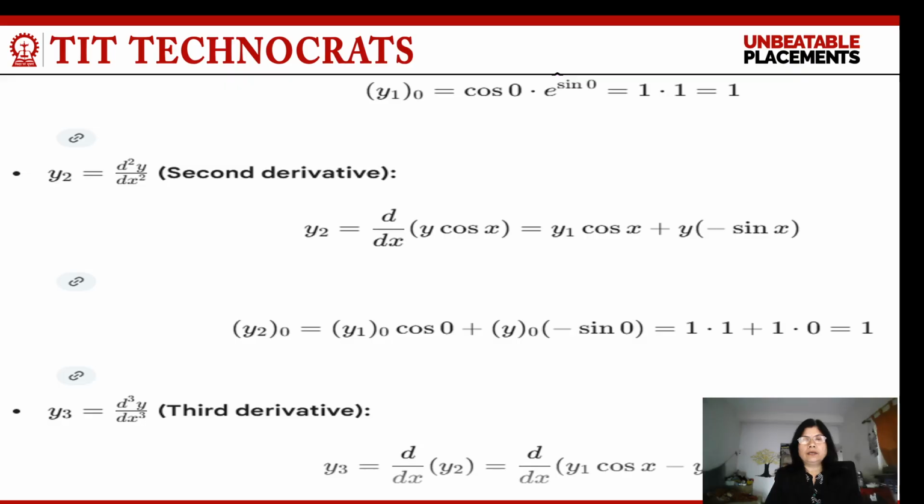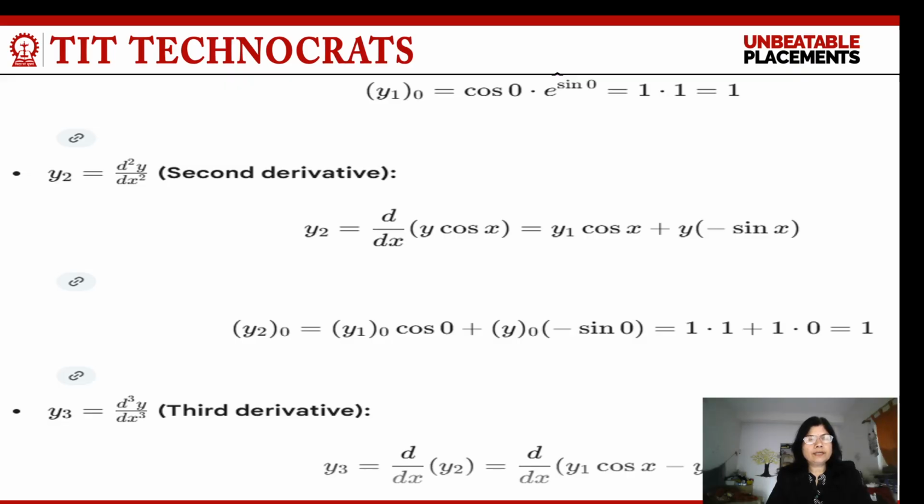That is differentiation of y, that is y1, second function as it is, that is cos x, plus y as it is, and differentiation of cos x, that is minus sin x. So y2 at 0 we get y1 into cos 0 plus y(0) into minus sin 0, so we get 1.